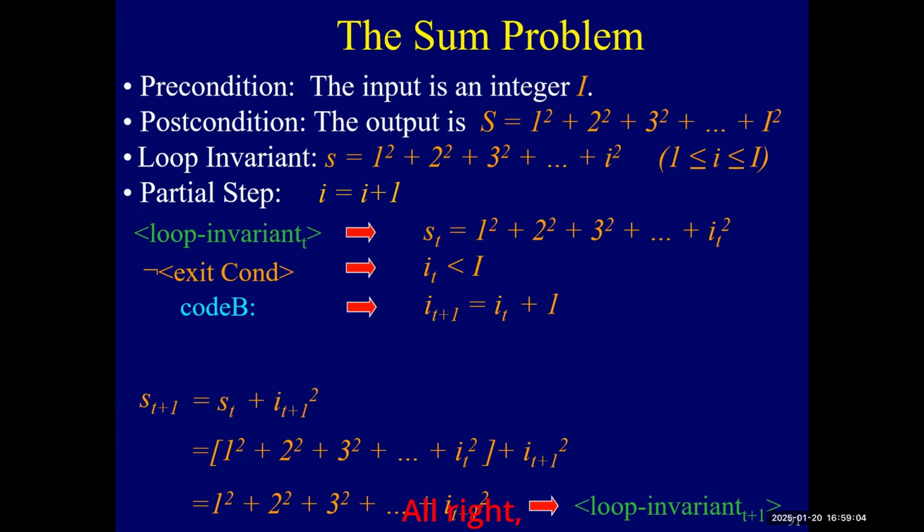All right. And then I say, now I use the loop invariant. By the loop invariant, all this stuff equals S_t. So I can just plug it in. Now, again, why do I have an equal sign here? I haven't proved that yet.